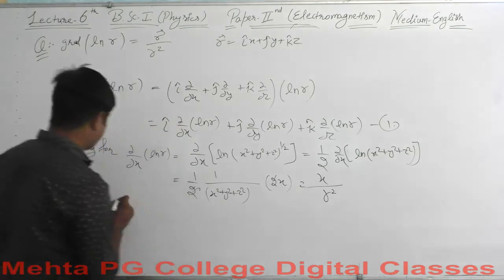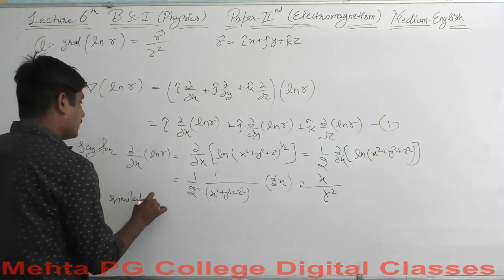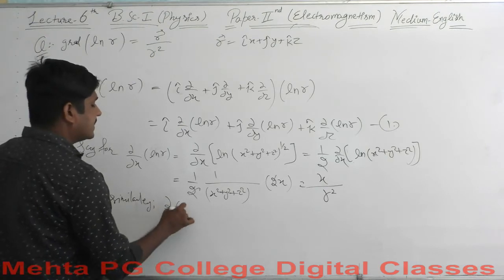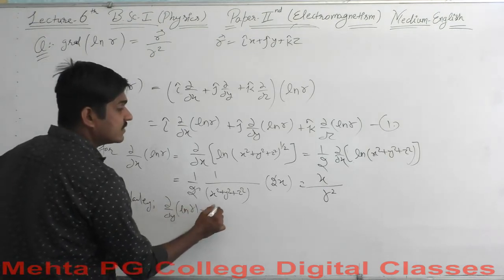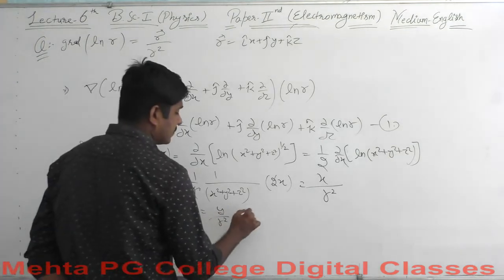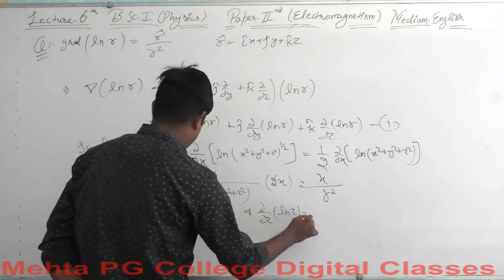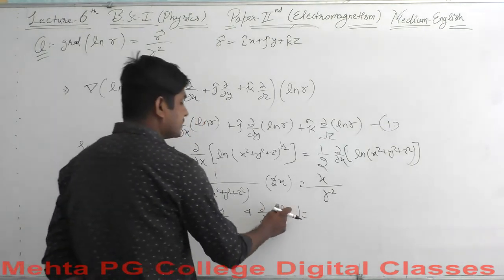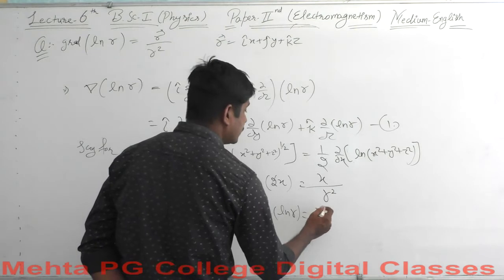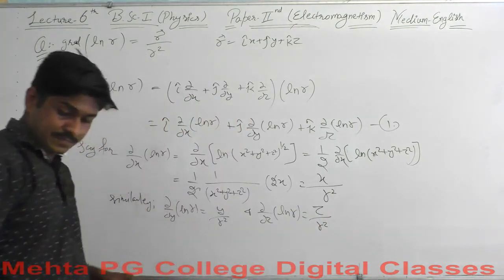Similarly, ∂/∂y ln of r will equal y over r square, and ∂/∂z ln of r equals z upon r square.